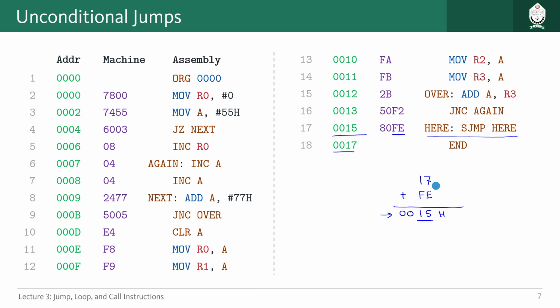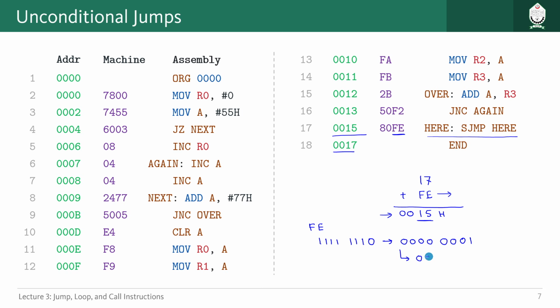So if you look at this particular value, which is FEH in hexadecimal, right? So FE, if you take the equivalent binary, it should be what? 1111 1110. Am I right? So if you take the 2's complement of that, that will be what? First take the 1's complement. So 0000 0001, and if you take the 2's complement, then what?